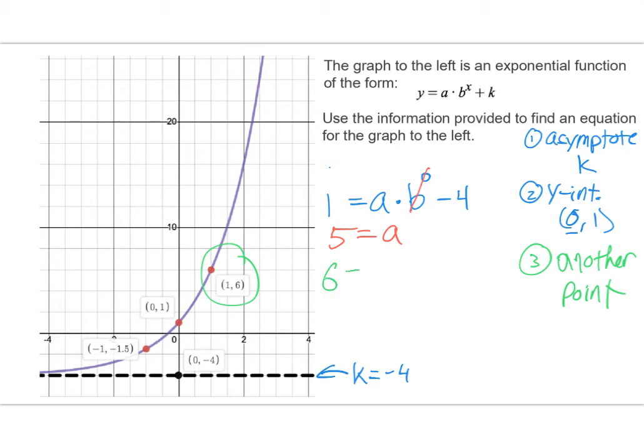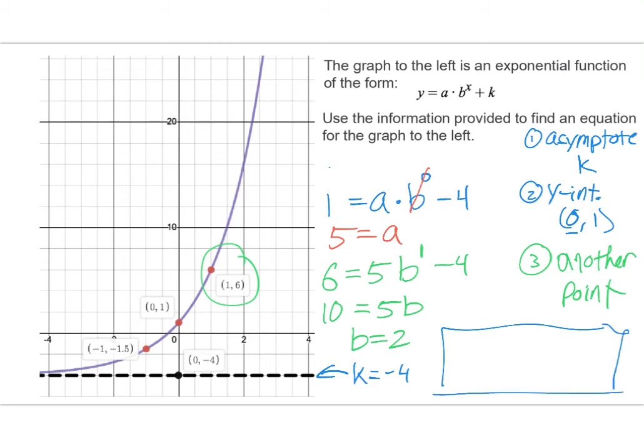So we've got 6 is equal to 5, b to the 1 minus 4. Add 4 to the other side, we get 10 is equal to 5b. And divide by 5, we get b is equal to 2. My equation is going to be y is equal to 5 for a, 2 for b, x, and then minus 4 for the k. This problem at this point is now done.